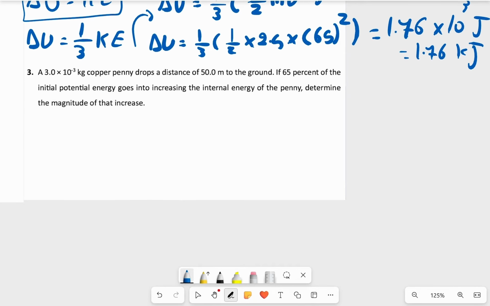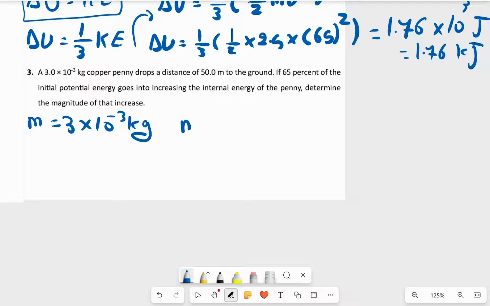Question 3, it says a 3 times 10 to the power of -3 kilogram copper. We have mass, which is equal to 3 times 10 to the power of -3 kilogram. A copper penny drops a distance of 50 meter.